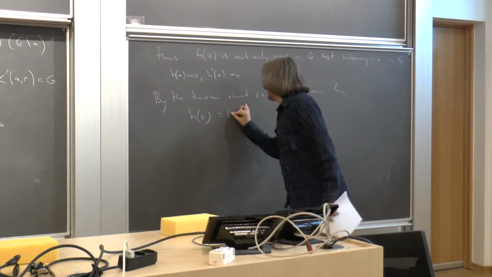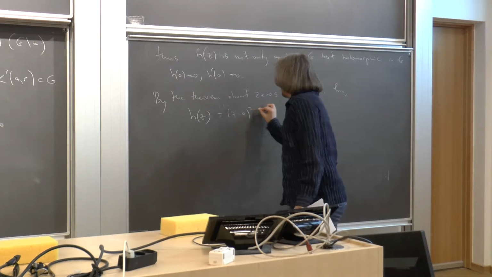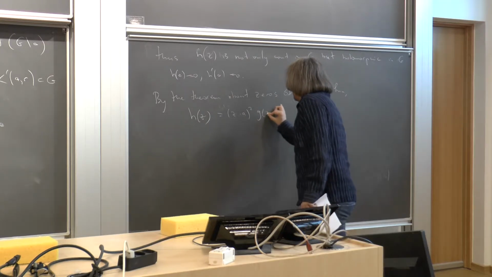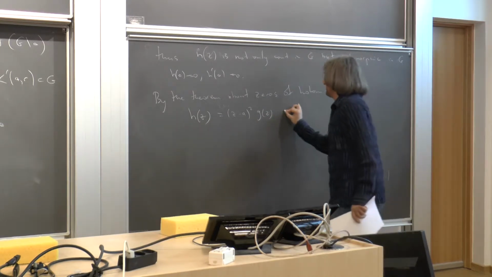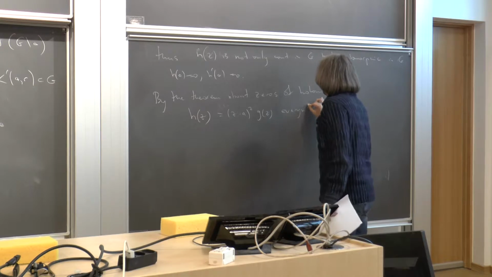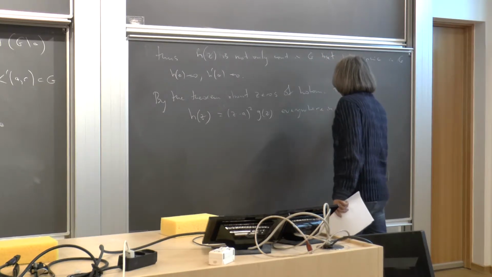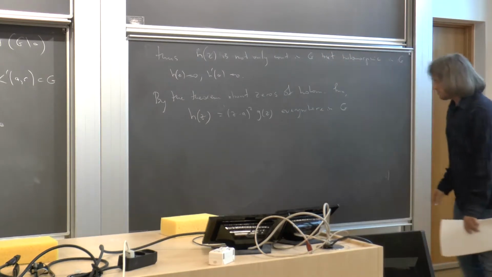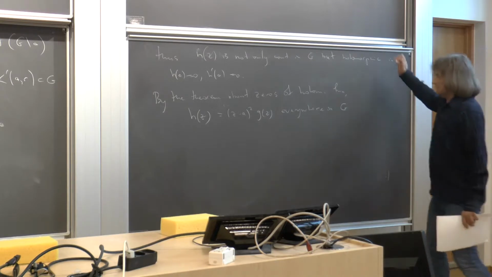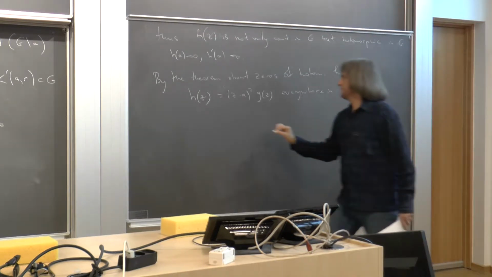So h of z is (z minus a) squared times g of z, everywhere in G, and g is holomorphic.